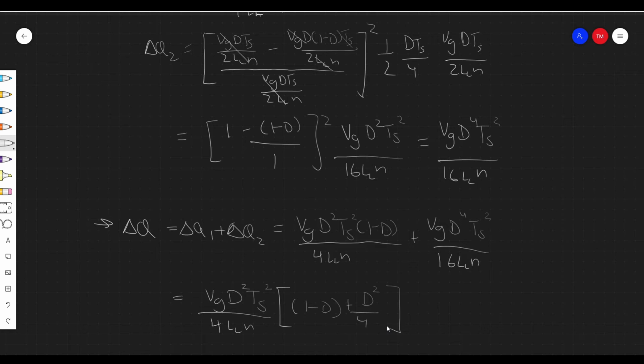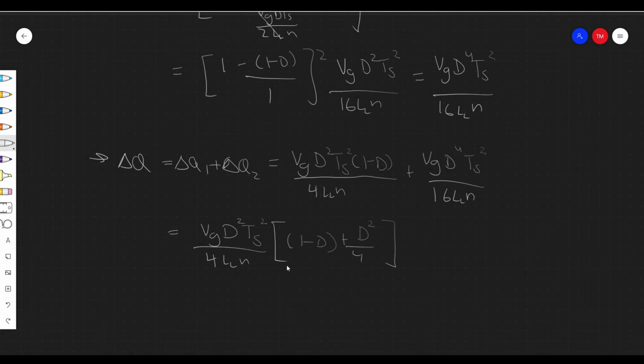So this is our delta Q, right, for C out. So the question becomes, what D do we choose? To size C out, what D, or load current, do we choose?